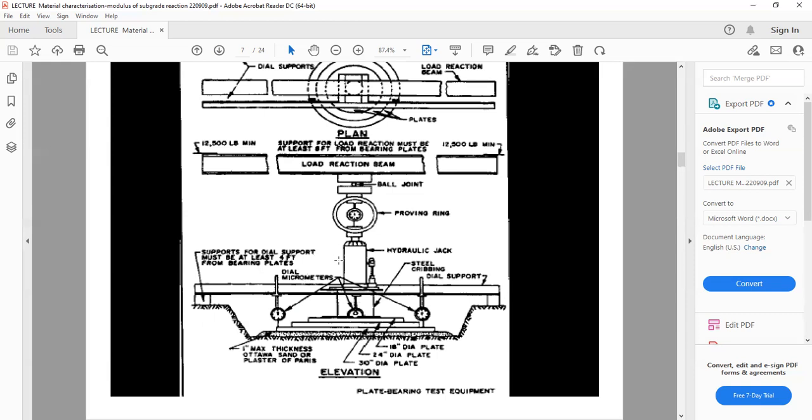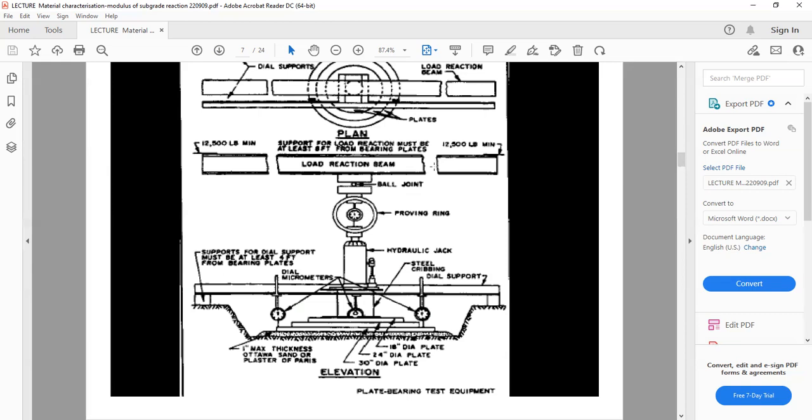And then on that plate we have our hydraulic jack, and that hydraulic jack is connected with a proving ring, or we call it a loading ring, on one side, and to a ball joint arrangement on the other side with a load reaction beam.